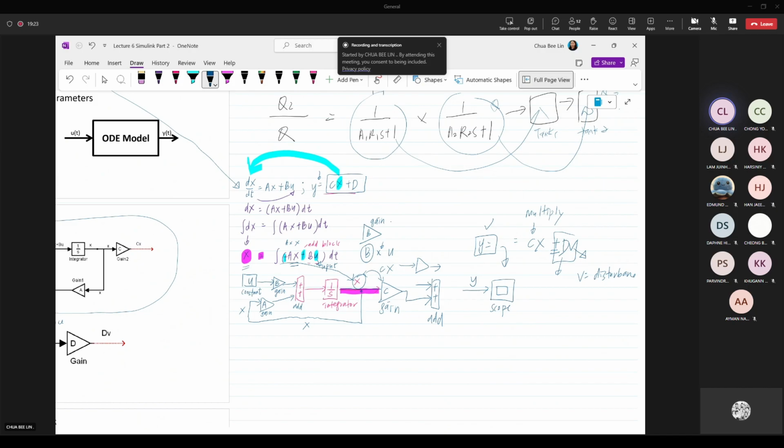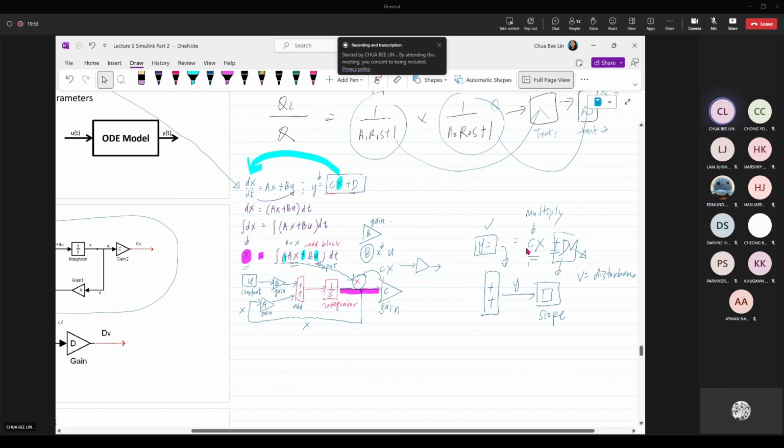This one is too small, I will draw it bigger. So just now I have this scope. Then go inside, here is my Y, represent Y equal. Then Cx plus D means I must be having an add block over here. So plus. So I'm having Cx. I already have the C over here already. So Cx means multiply.